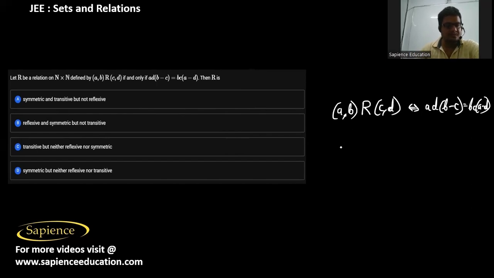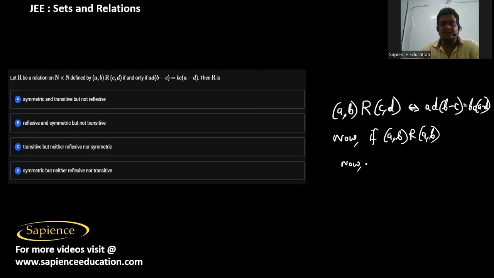So we have to check if it is reflexive, symmetric, or transitive. Now if (A, B) is related to (A, B), then only we can tell that R is reflexive.